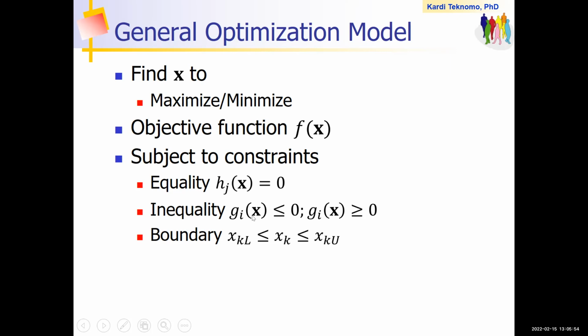Second is inequality, which can be less than 0 or larger than 0 or a certain value. And then there is some boundary condition for each x, you will have a lower or upper value. So these are the very general optimization formulas that you are supposed to make in any problem that we will face.